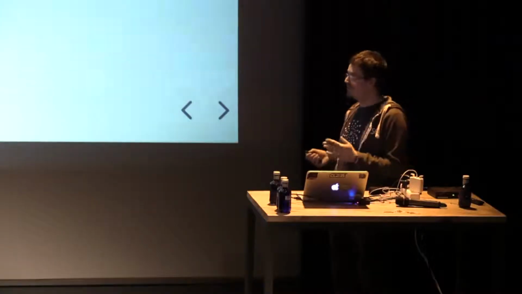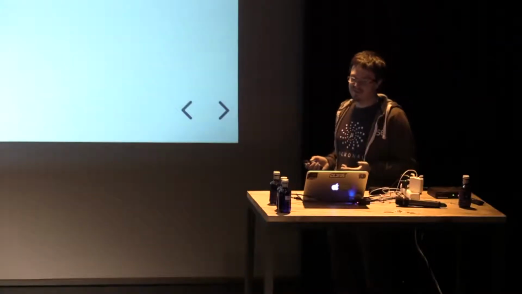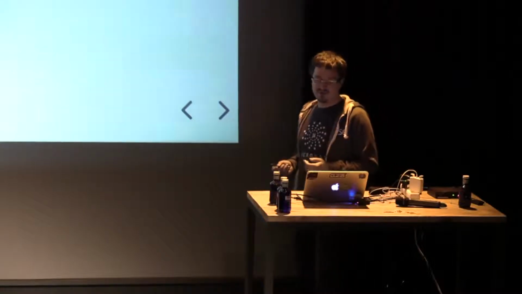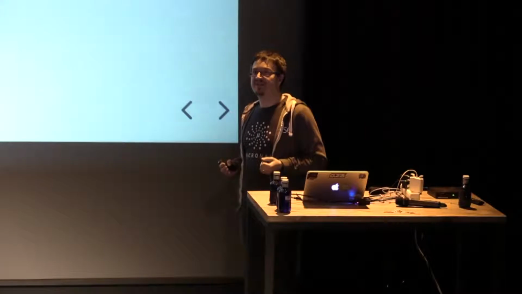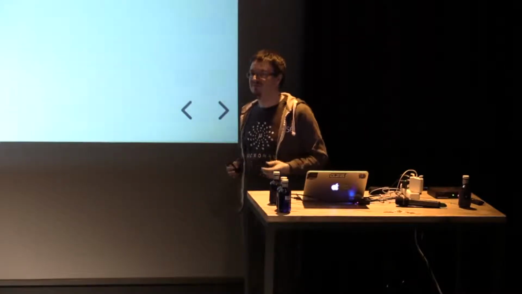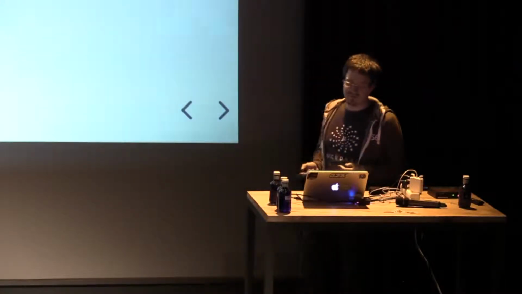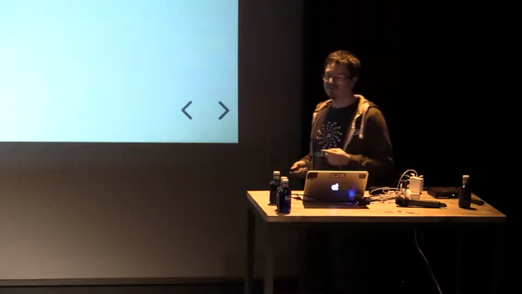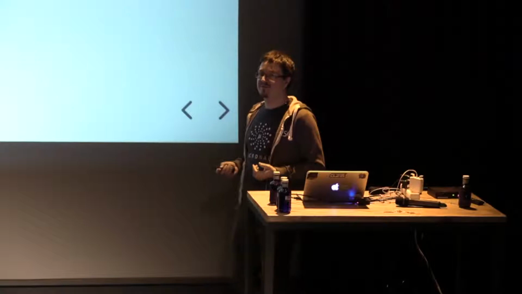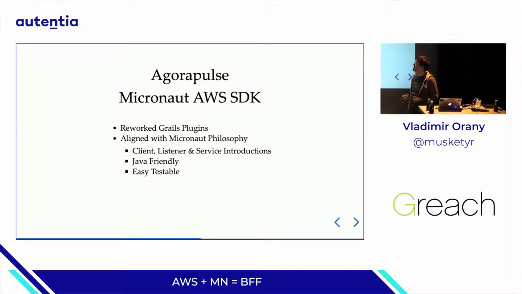The origin is from the Grails plugin, but it's tried to be aligned to the Micronaut philosophy, which means there's a lot of these introductions, these AOP things. So there's a lot of clients, a lot of listeners and service introductions. It is Java friendly, so you can use it with Java as well, not like the Grails plugins. And of course, I'm the test guy, so it's easily testable.